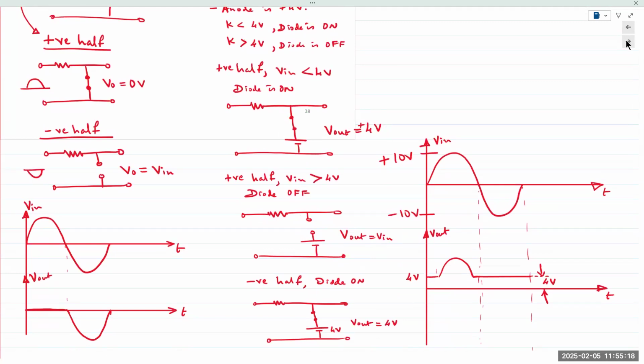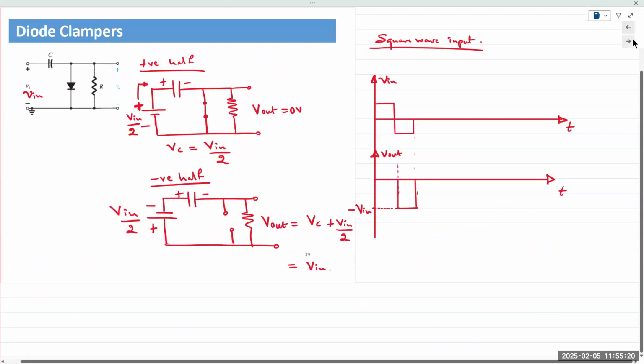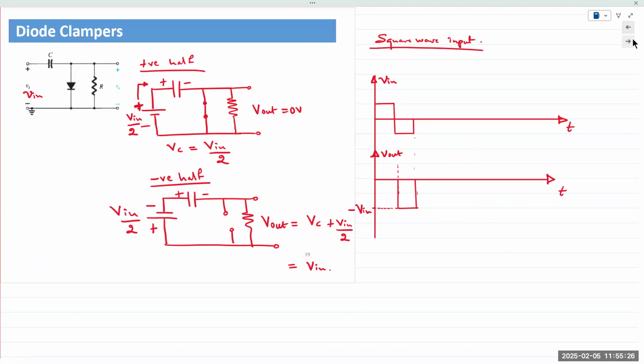And then last, we have a clamper circuit, diode clampers. Diode clampers are very useful circuits to clamp the AC signal at a particular DC level, meaning we use it to apply a DC component to our AC signals.